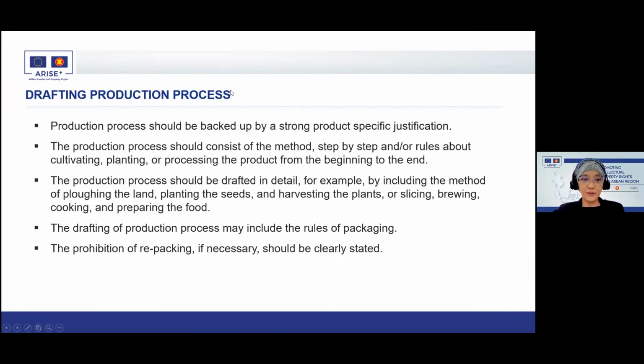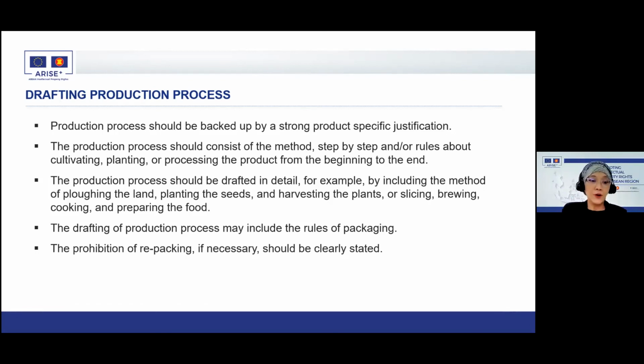How to draft the production process. The production process should be backed up by a strong product-specific justification. The production process should consist of the method, step by step, and or rules about, for example, in agricultural product, cultivating, planting, or processing the product from the beginning to the end.